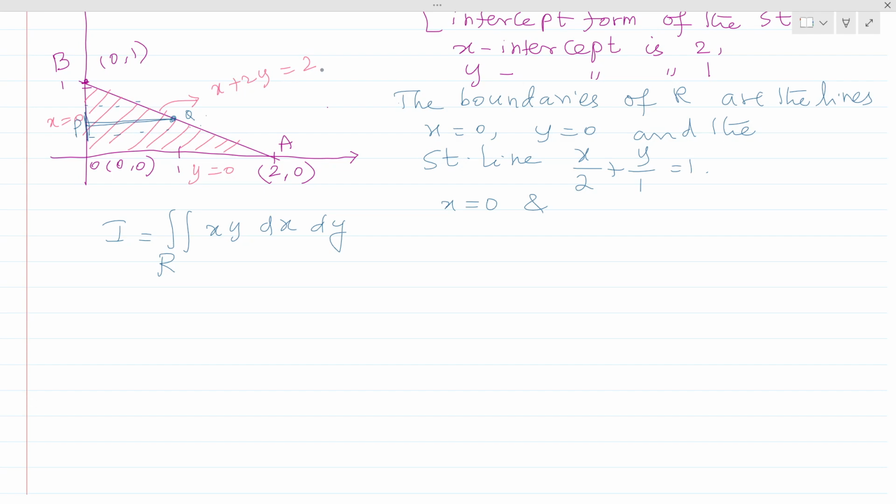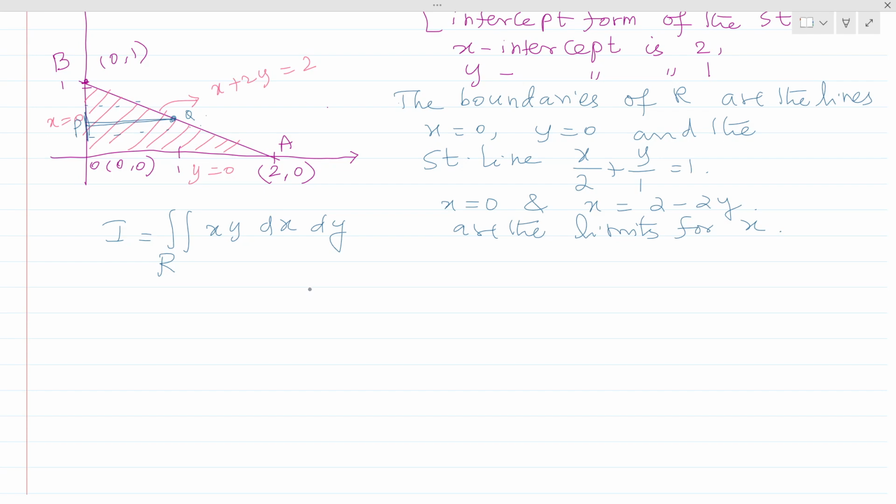Already it has given x plus 2y equal to 2, is it not? That can be written as x equal to 2 minus 2y. So x equal to 0 and x equal to 2 minus 2y are the limits for x. So what is the next step? Next step we are going to find the limits of y.